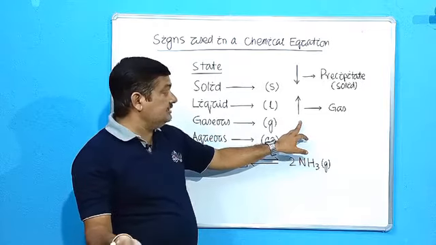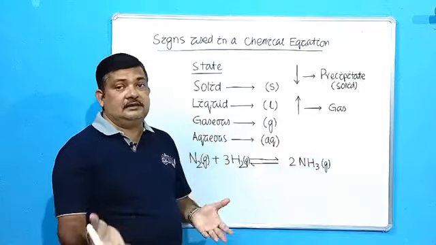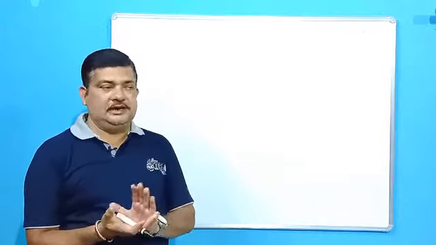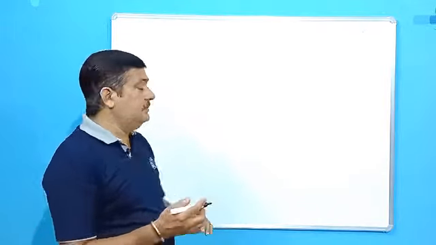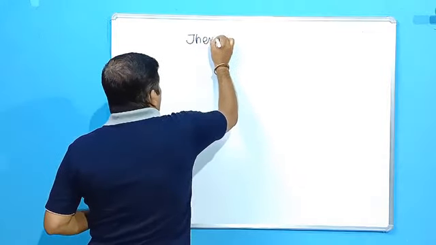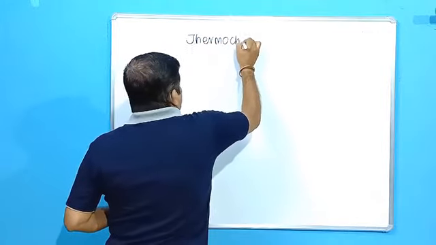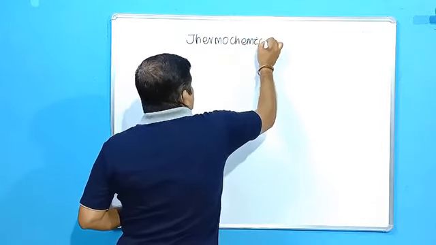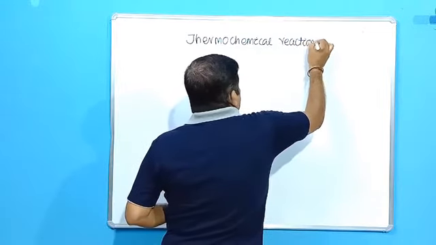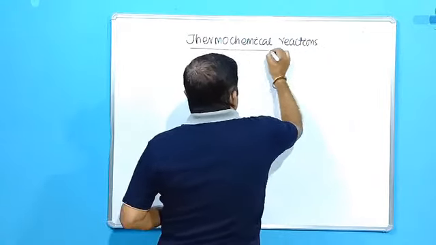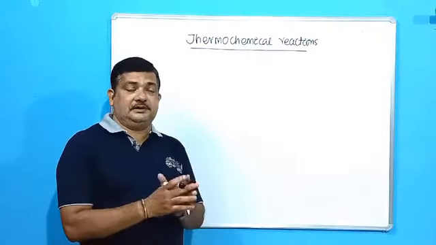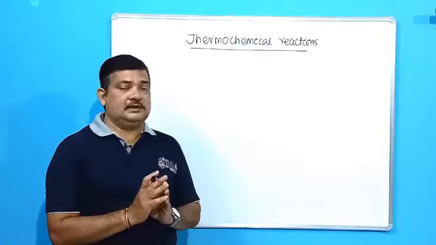Okay. Next we will discuss the temperature. Then students, with respect to heat evolved or heat required, the chemical reactions, that means thermochemical reactions. What are thermochemical reactions? Those reactions in which heat is evolved or required.